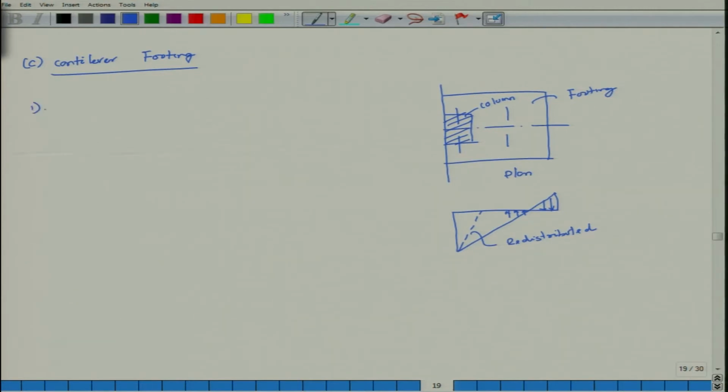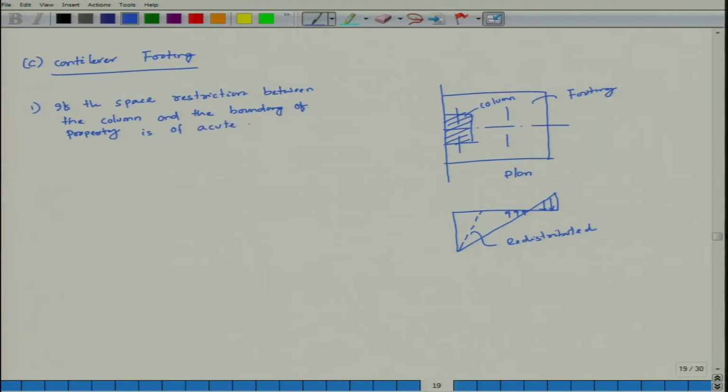Where are the conditions? Number 1, if the space restriction between the column and the boundary of property is of acute nature, means I am not getting anything else.